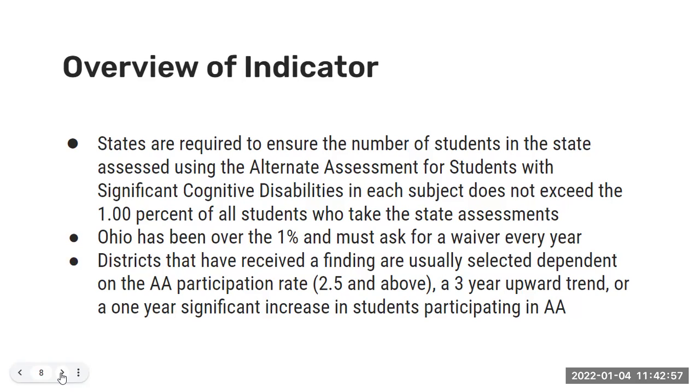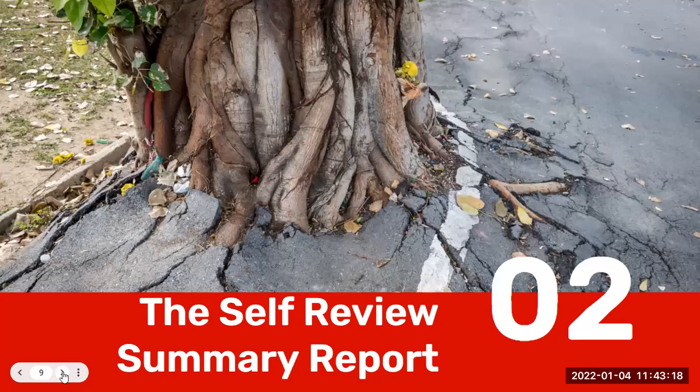A 3-year upward trend where you may be not at 2%, but each year you're going up instead of going down. Or you have one significant increase in students participating in alternate assessment. Those are all ways that you could get flagged for indicator 3B.